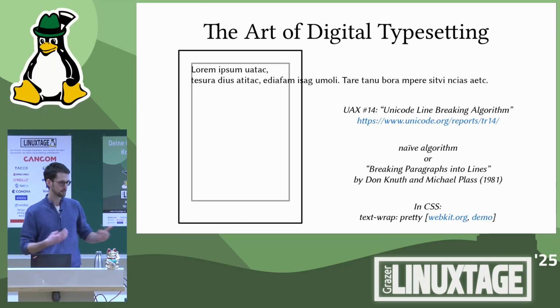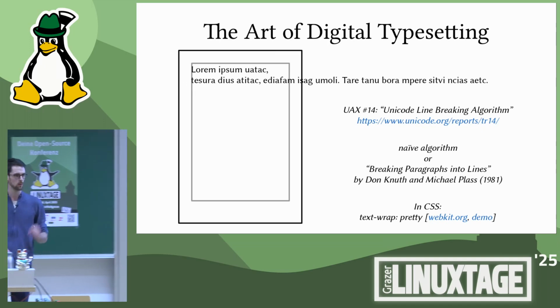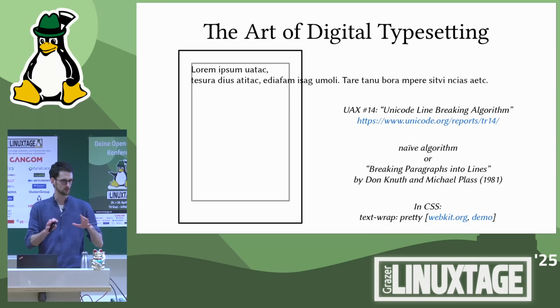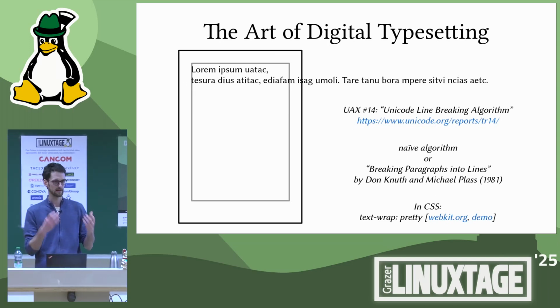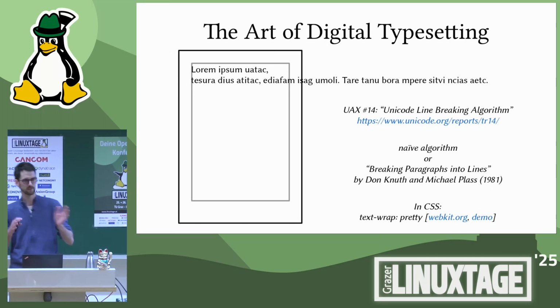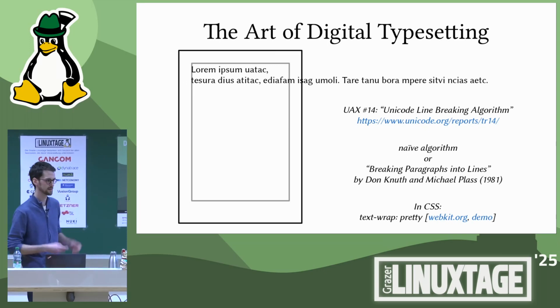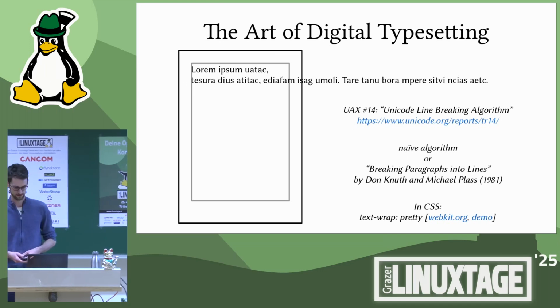Browser by browser, they introduce this property, text-wrap: pretty, which allows the browser to decide, okay, I take more time to generate a better layout and find better line breaking opportunities, avoid widows and orphans, and so on and so on. So this is something also implemented today in all kinds of settings.